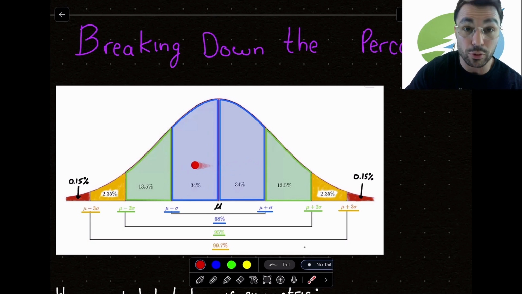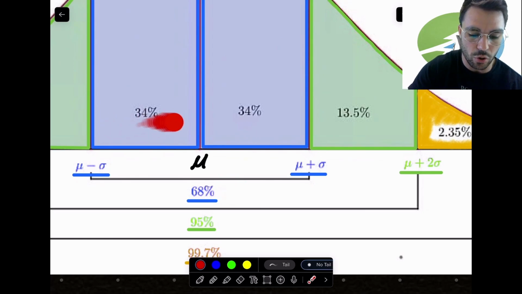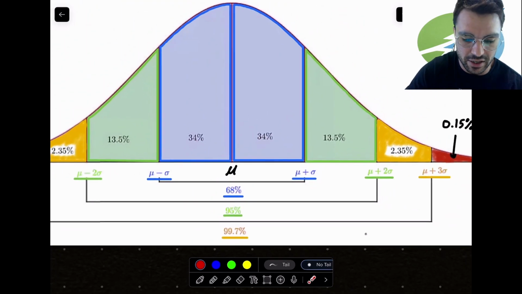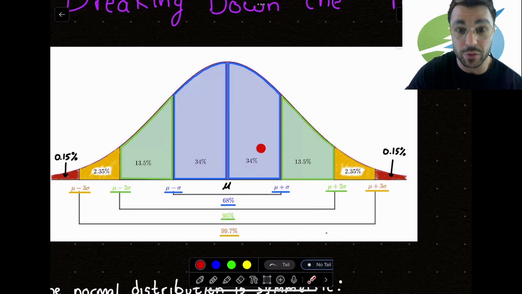So right here in the blue is our plus or minus 1 standard deviation. This total area is 68% of the data, but we could break it down a little further and say, okay, well, just minus 1 standard deviation is 34%, and plus 1 standard deviation is also 34% of the data.